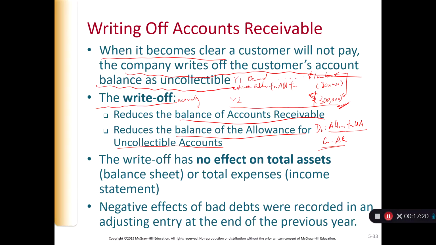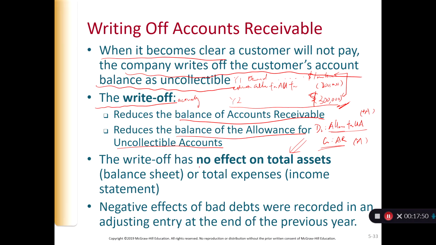Okay. So if you notice, what is the impact of this journal entry? Allowance for uncollectible accounts is actually an asset account, although it's the contra asset account. And the accounts receivable account is also an asset account. When you credit an asset account, it's actually minus asset. But if you debit a contra asset account, you are actually increasing the asset.